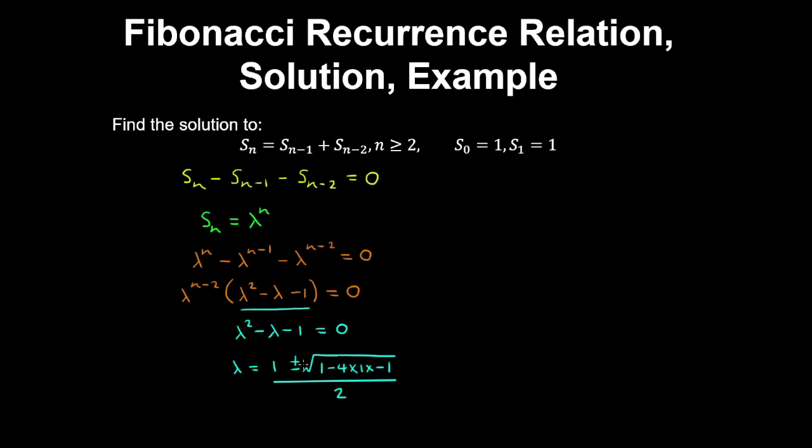So therefore we get two roots, being lambda 1 is 1 plus root 5 on 2, and lambda 2 is 1 minus root 5 on 2.